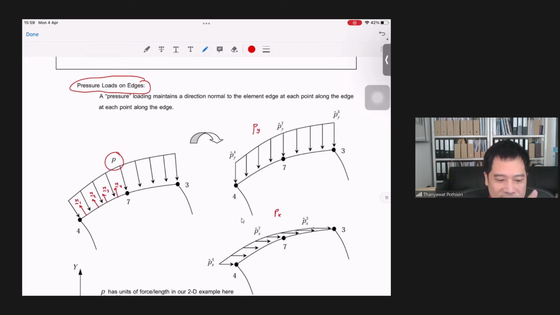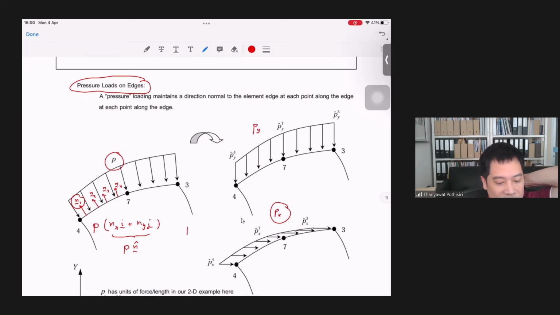If you have the unit normal vector, if you write this in terms of x component and y component, then the pressure load can be written as P n F like this. Okay.